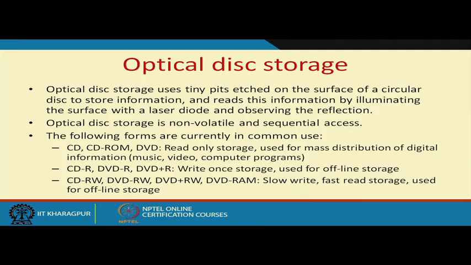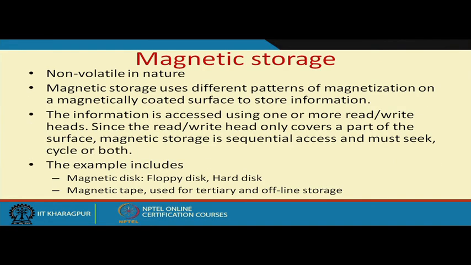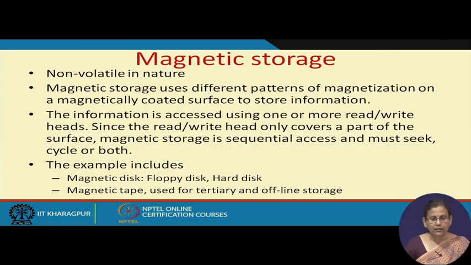While talking about these memories, they actually differ in the way the data is stored in them. In case of magnetic memories, data is stored by different magnetization patterns on a surface which is coated by some magnetic material.